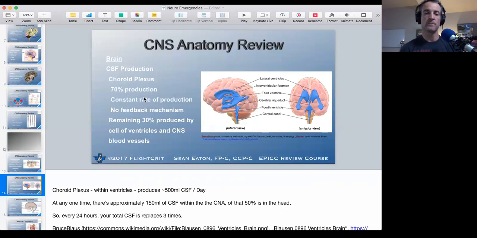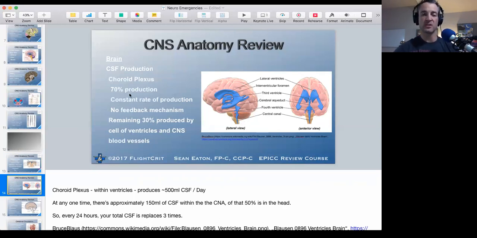So CSF is produced in the choroid plexus, which is in the lateral ventricles up here. You have 4 ventricles. You've got the left and right lateral ventricle. Then you have the third ventricle, which sits down here in the midline. And then you have the 4th ventricle that sits down even farther, just about at the level of the cerebellum.